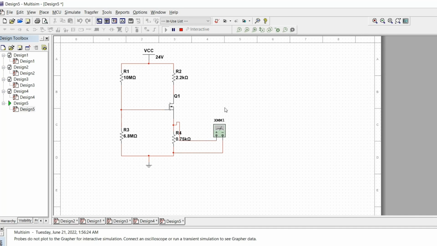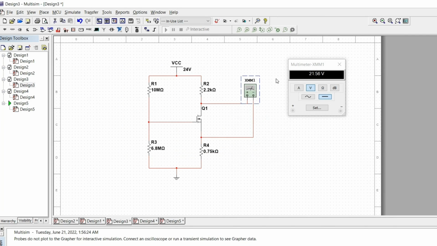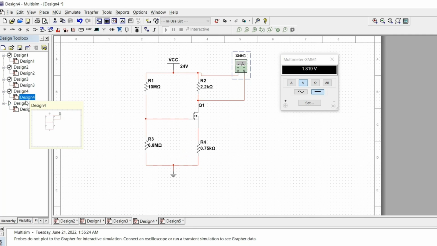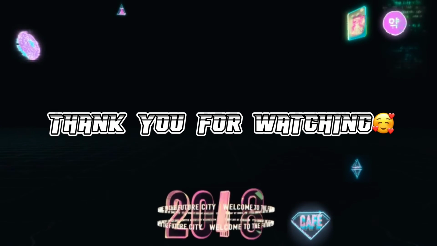Run, and we get the value for the VS, which is 620.255 millivolt. Alright. That's it. 21.56 volt, 1.819 volt and 620.255 millivolt. Thank you.